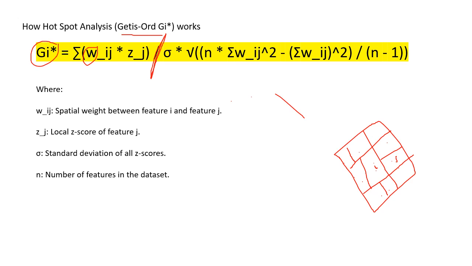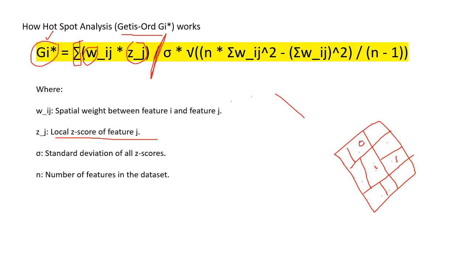So all this spatial weight times the local value will come, the z, the local z-score of the feature j. Then what is this? This is the sum of all these values. Remember, the hotspot value belongs to one point.